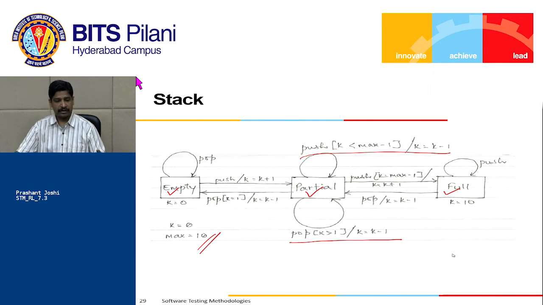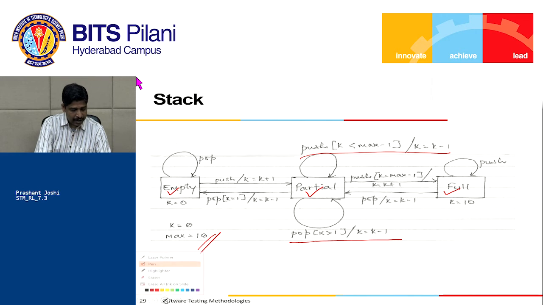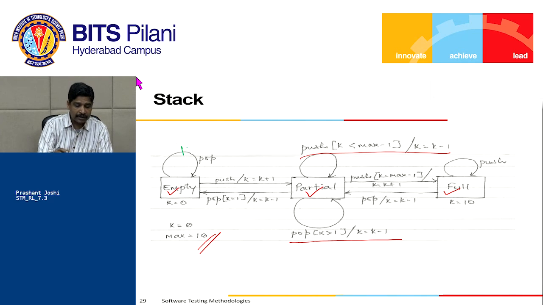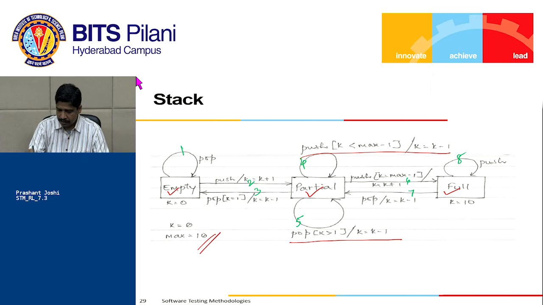So we have got state, so there are three states marked with red. How many transitions do we have? Let's mark the transitions with green. This is 1, 2, 3, 4, 5, 6, 7, 8. 8 transitions that we came up with. And how many paths do we have?